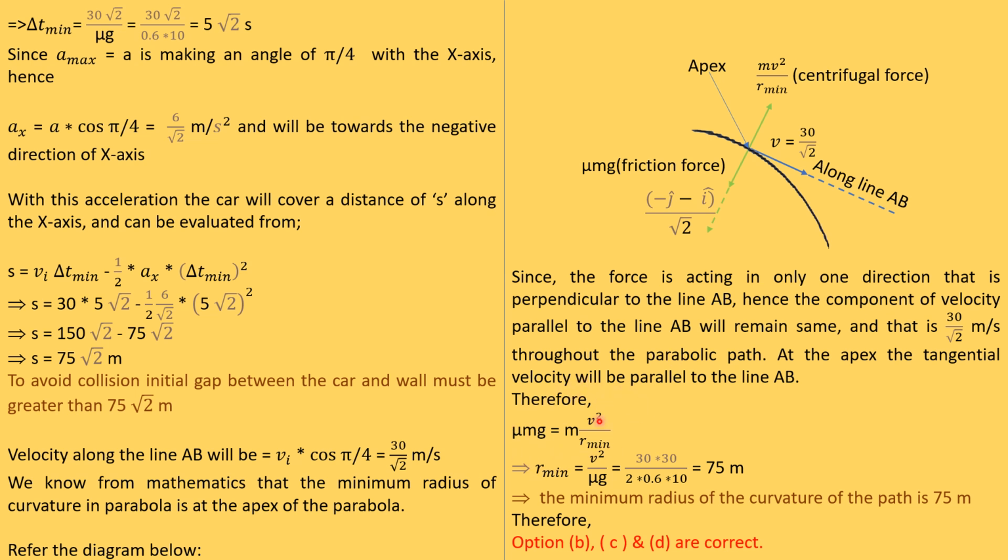So we will write this, and from here we can calculate r minimum as 75 meter. So the minimum radius of curvature of the path is 75 meter, we can say.